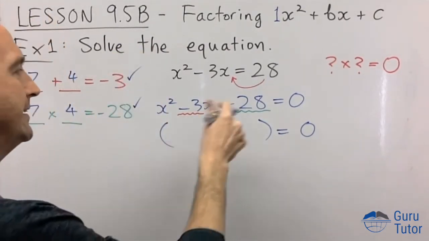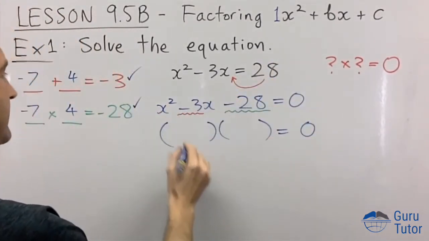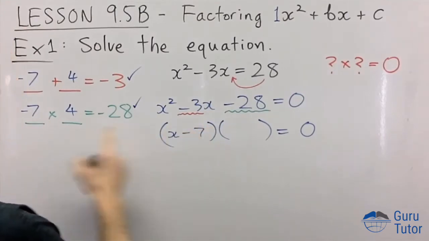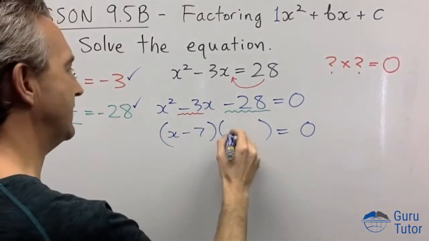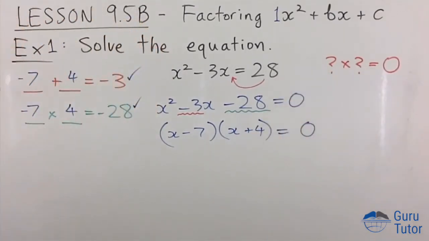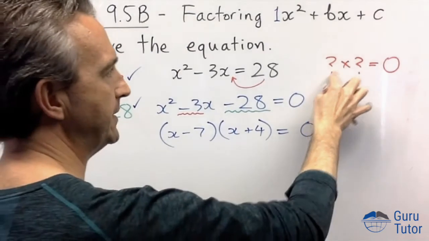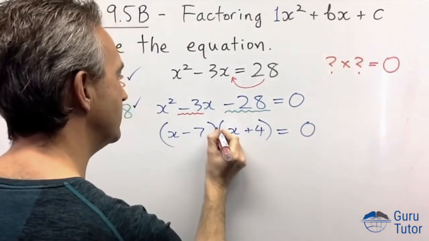So this is going to be our next step. Remember, this is just an equation, and we're just changing what this looks like. X minus 7 and x plus 4. We now have our zero product property format. So what happens when something times something equals 0?